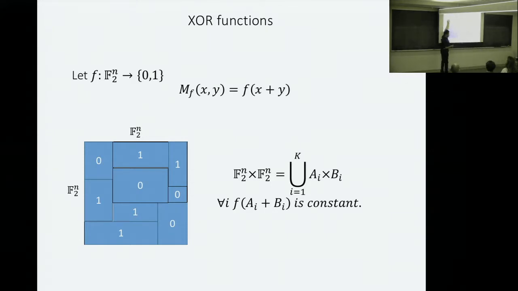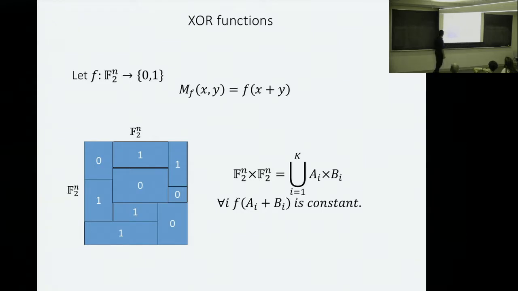We have a function defined on F2 to the n to {0, 1}. So it just takes 2 values, 0 or 1. And we can naturally define a matrix from this function by, on row x and column y, each taken from F2 to the n, letting the value of the matrix be f of x plus y. This plus happens in F2 to the n. Okay?